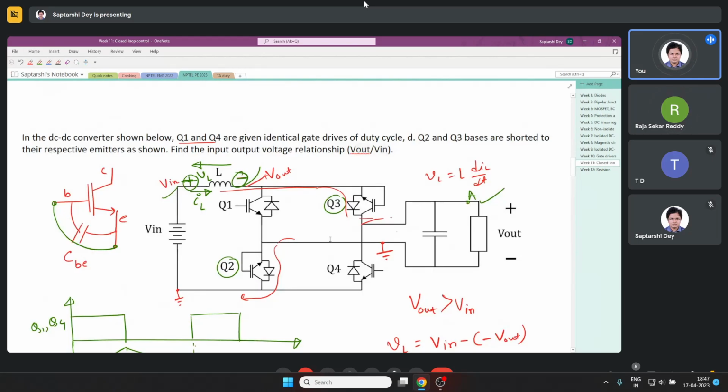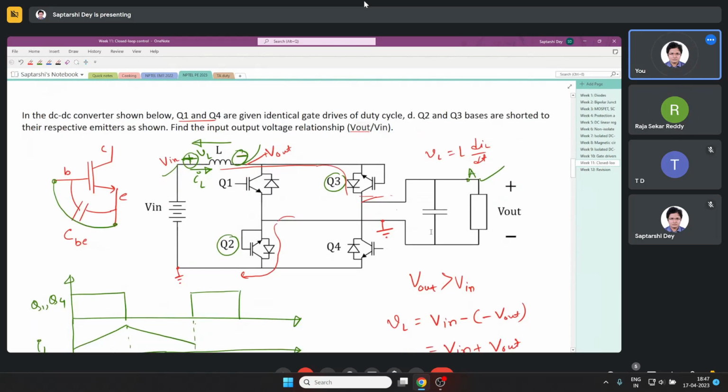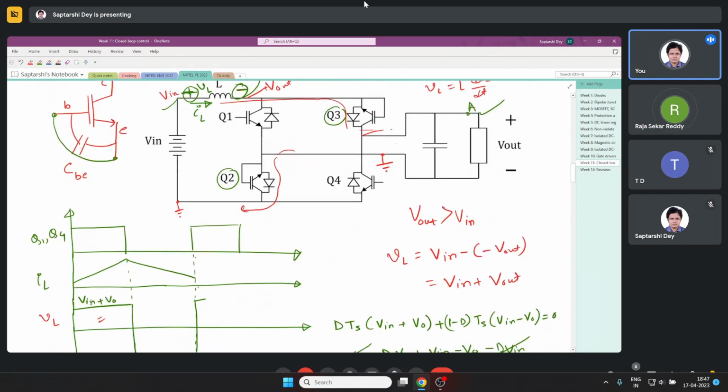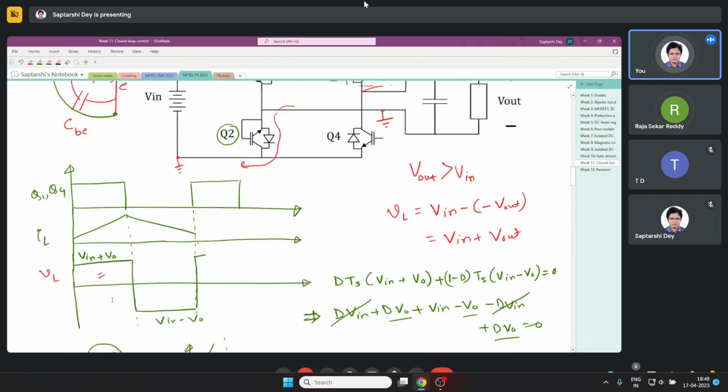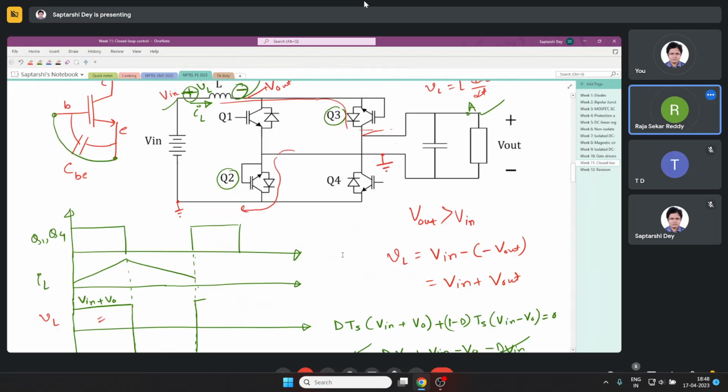So I thought it might have a boost property, where the output voltage will be more than the input voltage. Because in a boost converter, during the on time the source will not be supplying the load, whereas here it is always supplying the load.